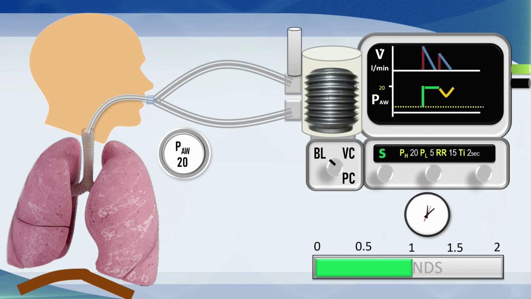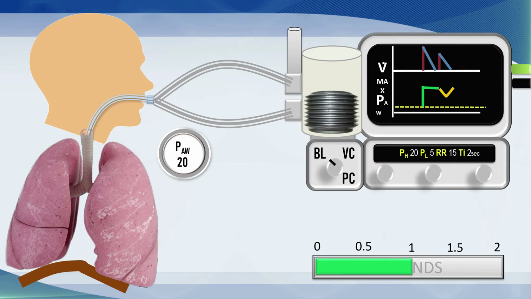The lungs will expand a little as there is significant inspiratory reserve volume, and this is reflected on the ventilator as a spontaneous breath. You will also notice that there's a small flow waveform and a divot on the pressure waveform. All this time, the airway pressure is still being held at 20 centimeters of water.